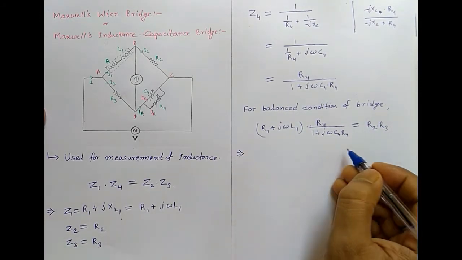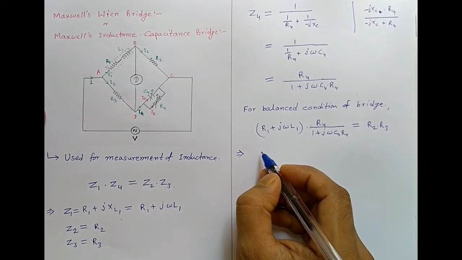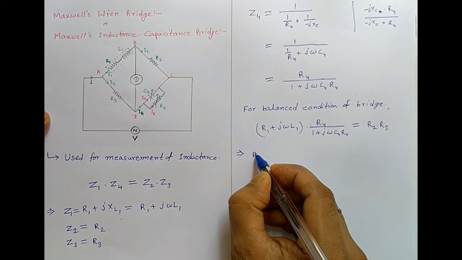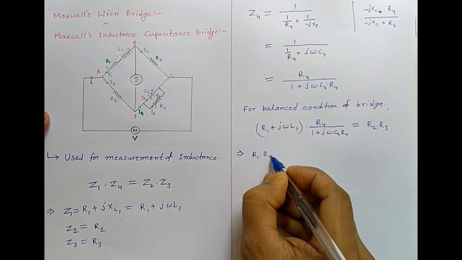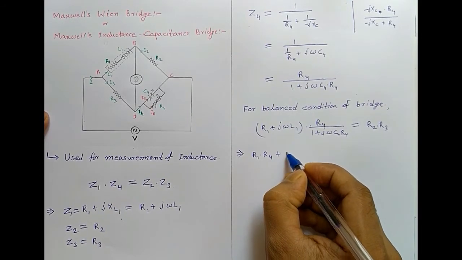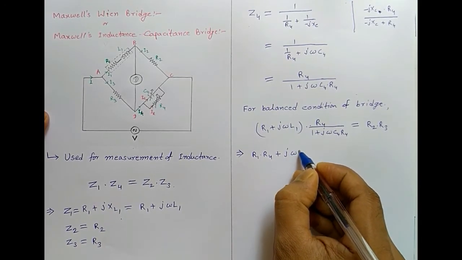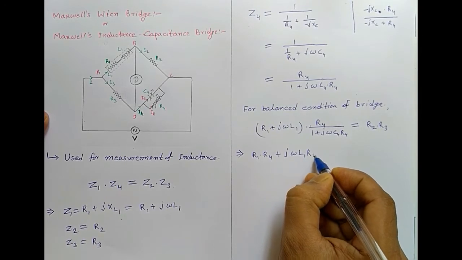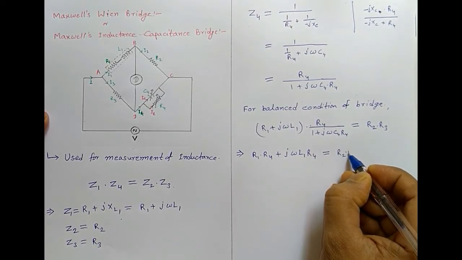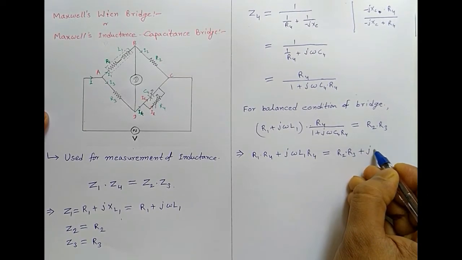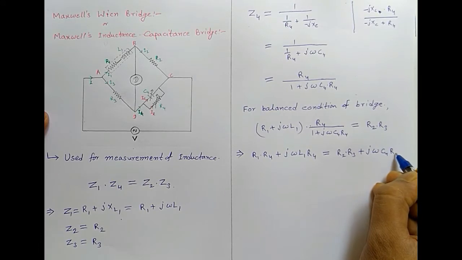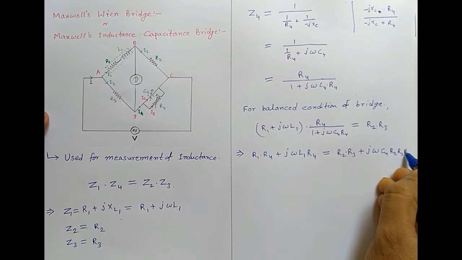So this will be R1 into R4 plus j omega L1 into R4 equals R2 into R3 plus j omega C4 R2 R3 R4.